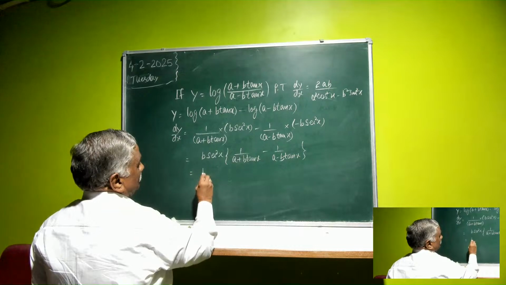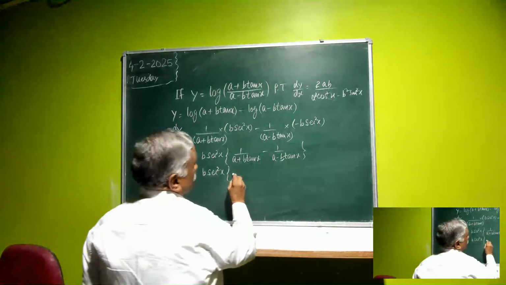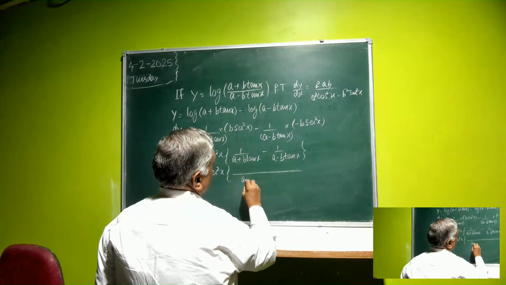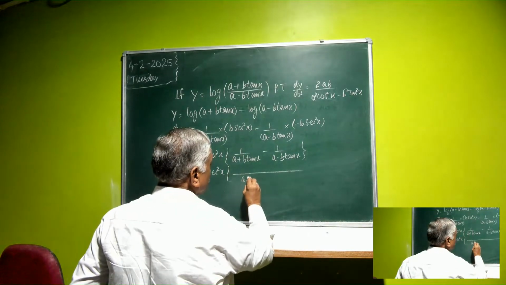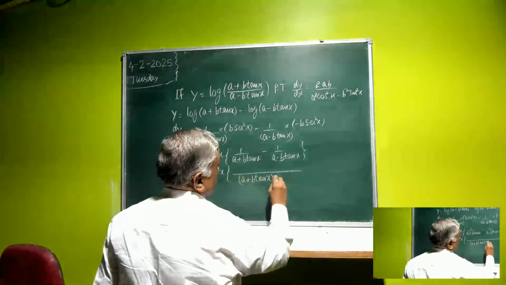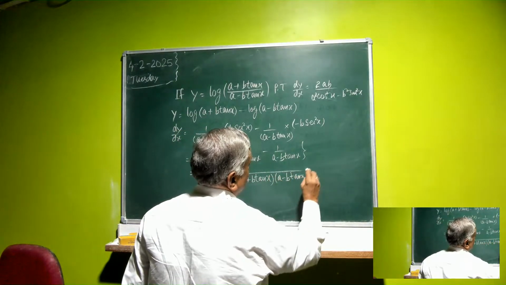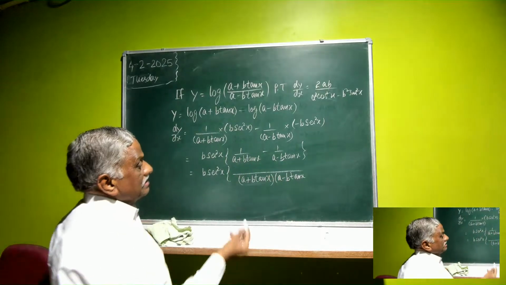Now take the LCM. b secant square x over a plus b tan x into a minus b tan x. That's the LCM.